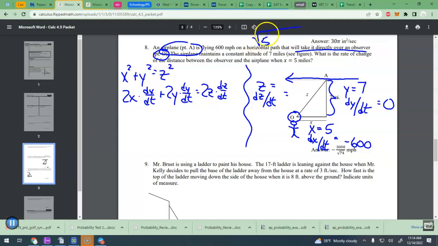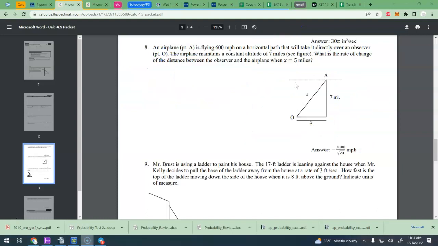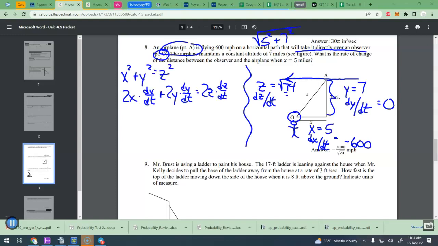So it'd be the square root of 5 squared plus 7 squared. So Z is the square root of 74. And then dz dt is what we're after. So that's the only one we're missing. We do not need a sign question because we have everything else.